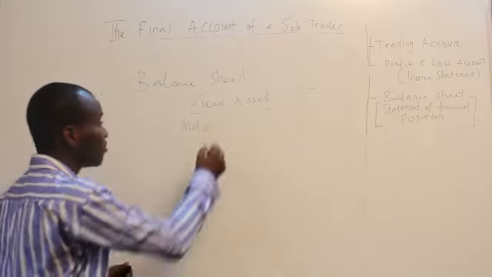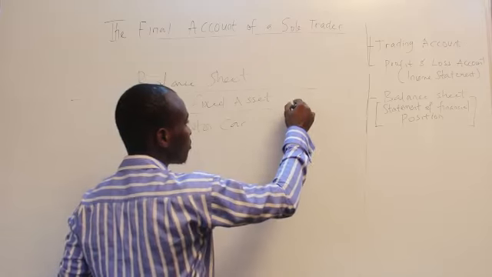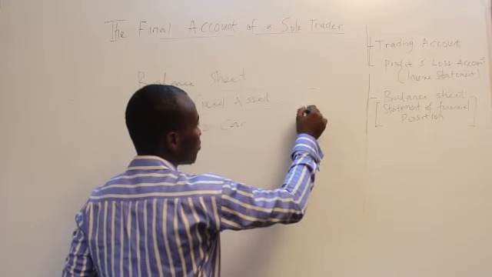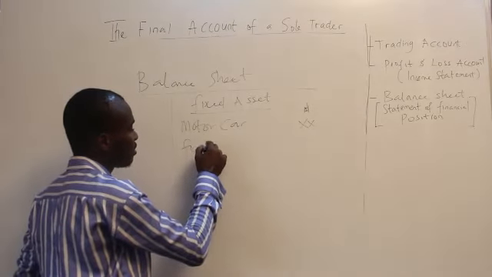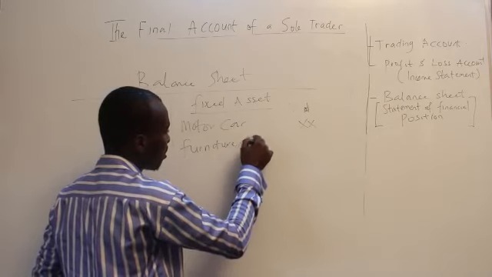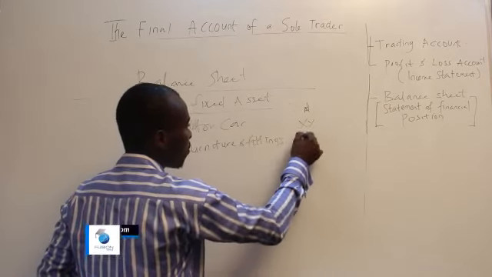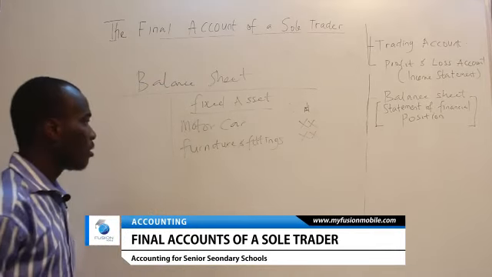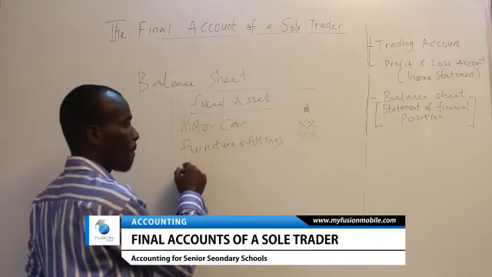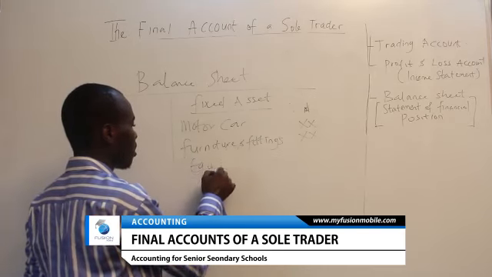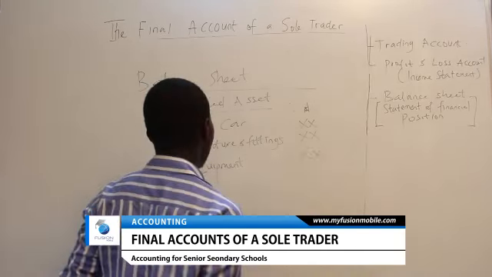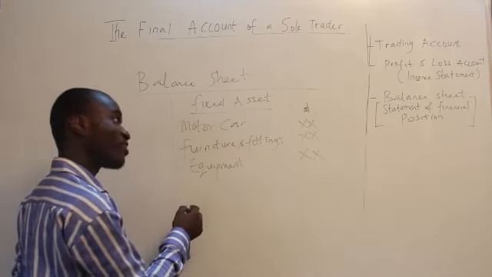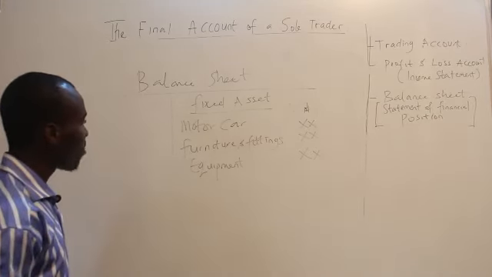So they include motor car, furniture and fittings, equipment.